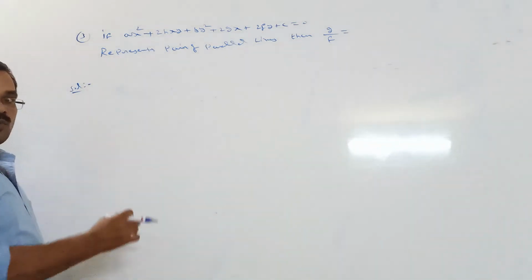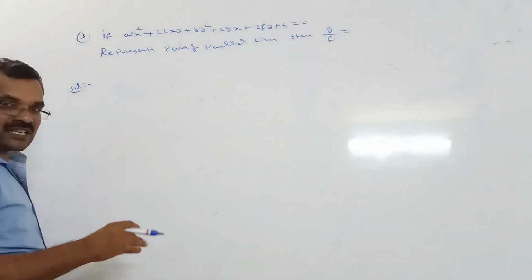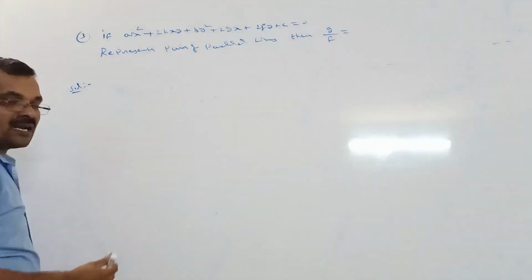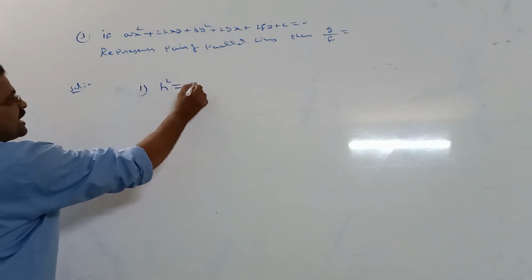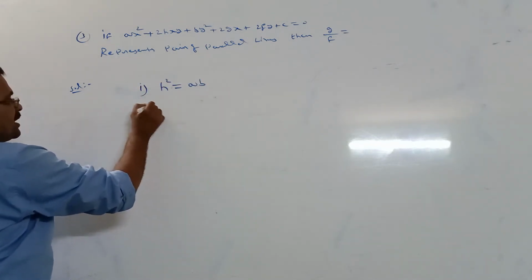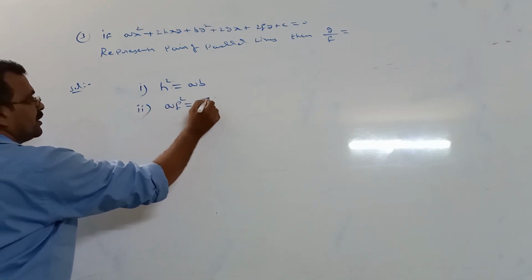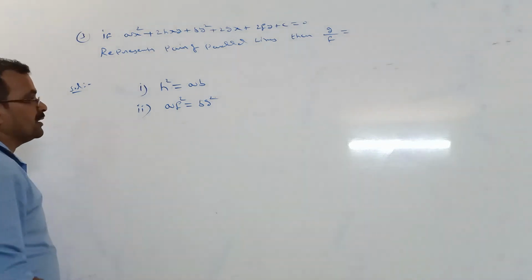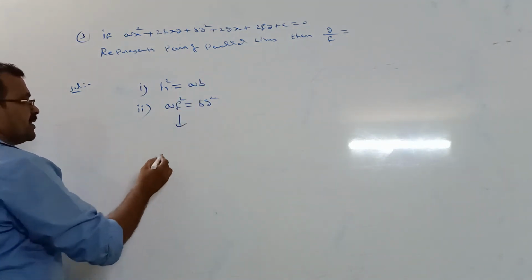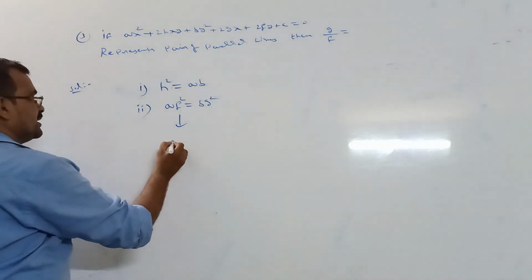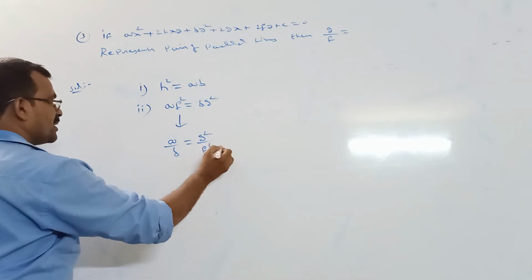In our concept, we had one standard theorem. The non-homogeneous equation represents a pair of parallel lines. We have two conditions. That is h square equal to ab, and another is af square equal to bg square. So to find g by f, I used this. af square equal to bg square means a by b equal to g square by f square.